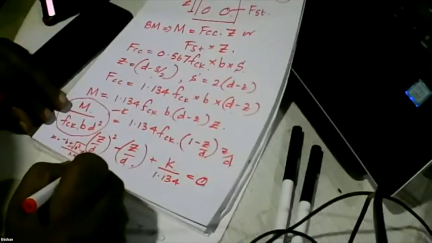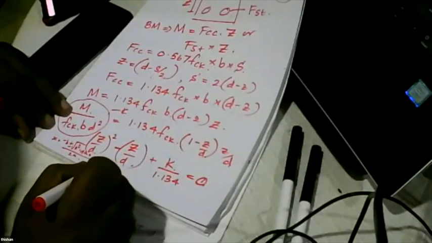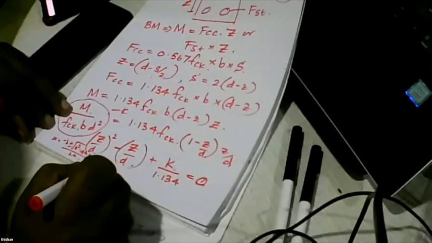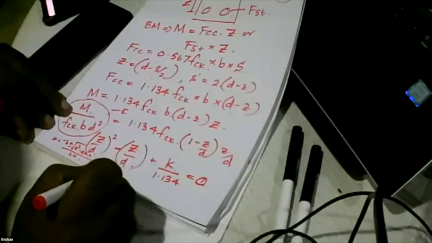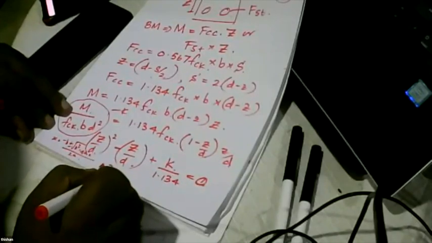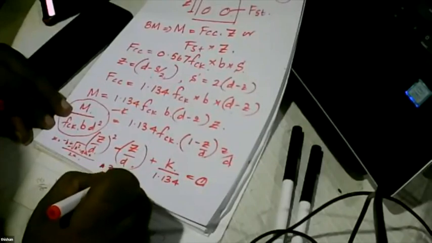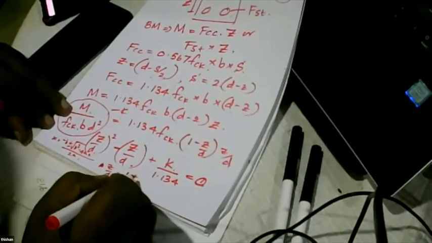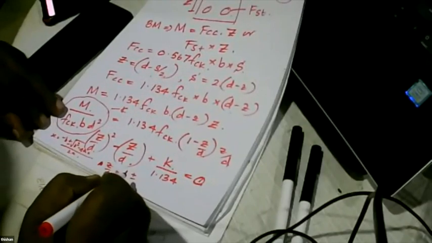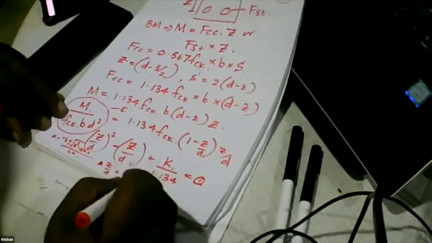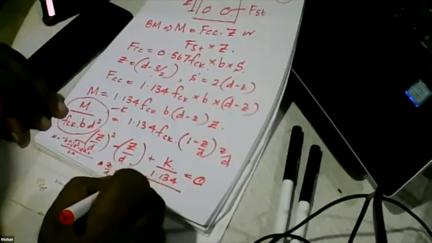So then Z over D is equal to minus b, and that is 1, plus or minus square root of b squared.